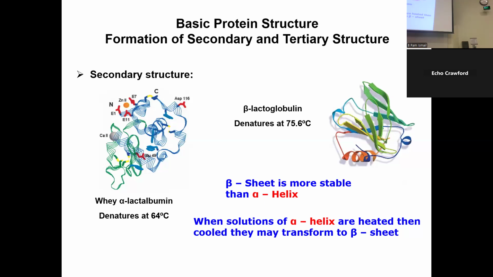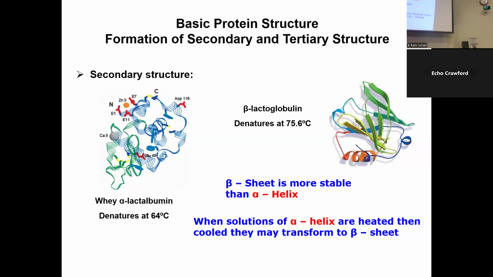So the denaturation can be at the tertiary level, a secondary level, and a primary. You can have denaturation at the secondary level, and compared to a native protein, you might have more beta sheet and less alpha helix, or the proportion of random coil will increase.